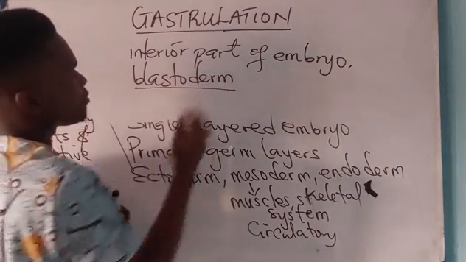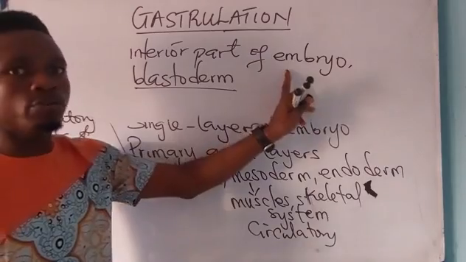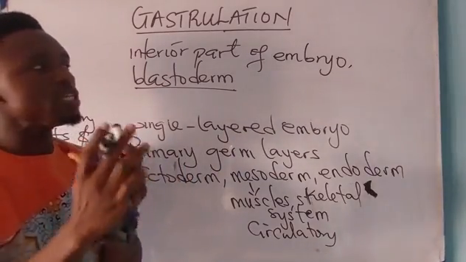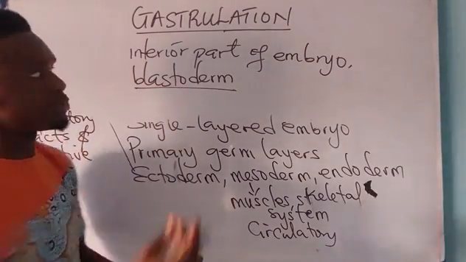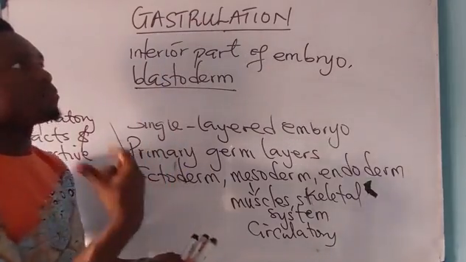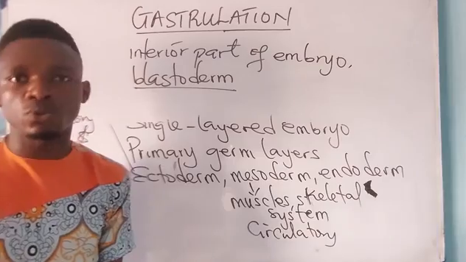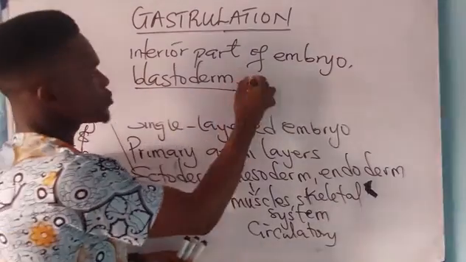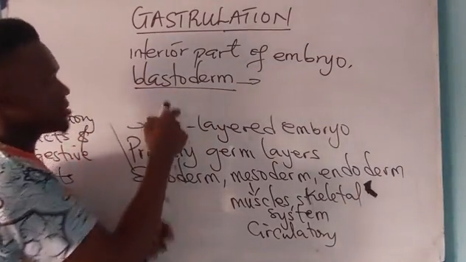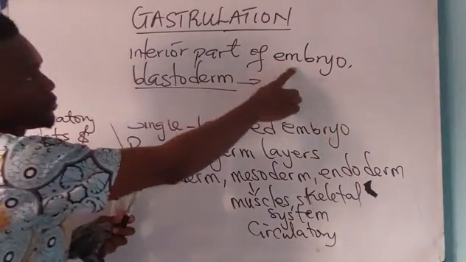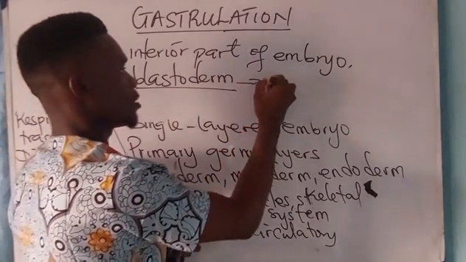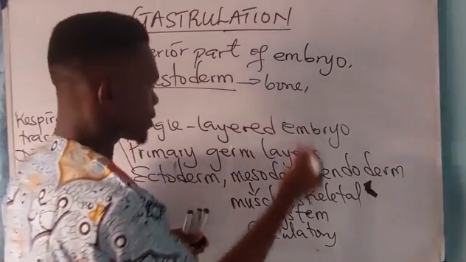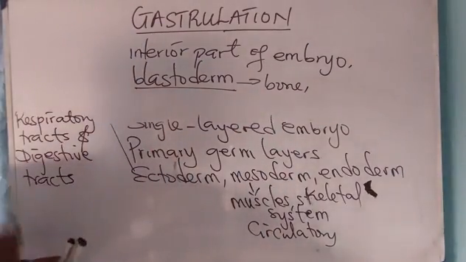Now, this area of blastoderm in the embryo develops into different organs and different tissues. You know that gastrulation at the end produces what? Organs, tissues, systems. The blastoderm, which is the interior part of the embryo, develops into bone, respiratory system, circulatory system, and so on. Please take note of that.